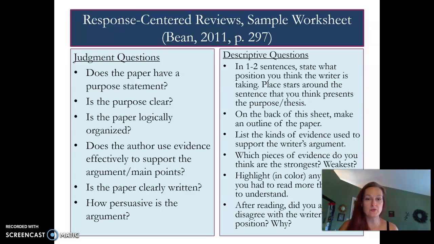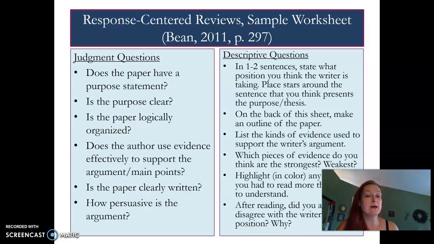It is so helpful to me to take a 15-page paper and outline it into a 3-page outline where you can just so clearly see what the trajectory of ideas from one to the next is. I'm telling you, do it with your own papers. You'll see it's an incredibly effective technique. So next, list the kinds of evidence used to support the writer's argument. Which pieces of evidence do you think are strongest and weakest?